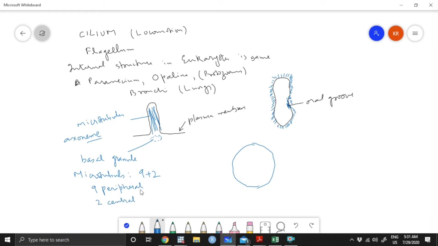These peripherals are arranged in pairs. We call them doublets. So each of those nine will have one like this, and one like this.